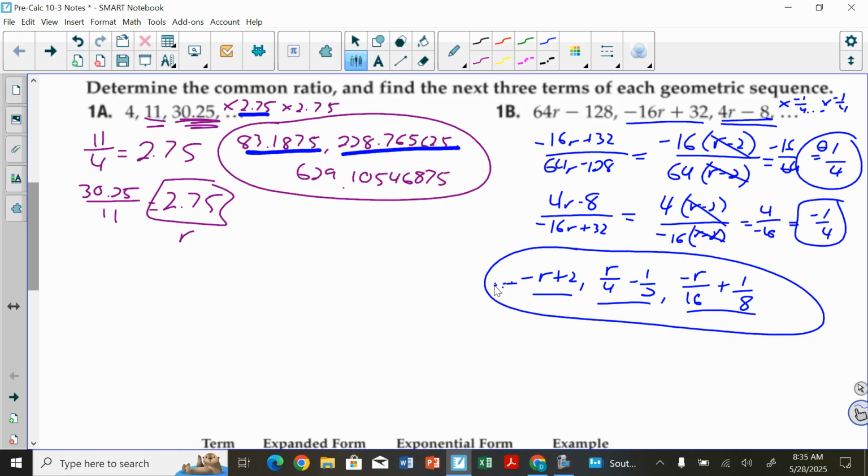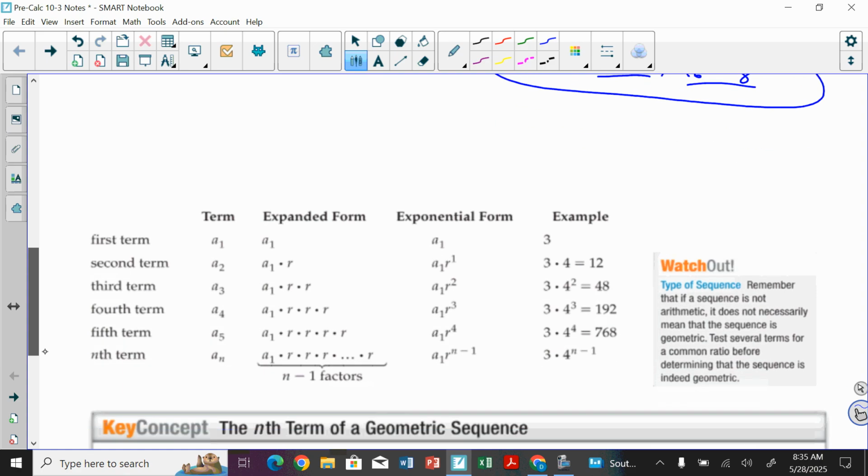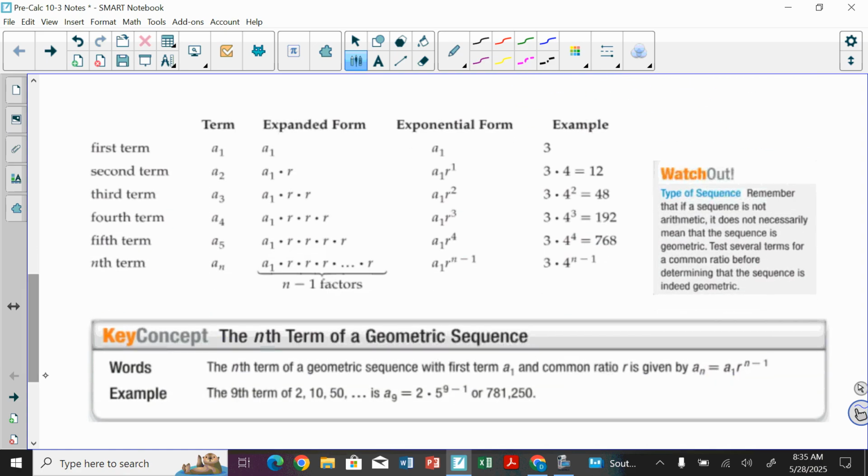All right, so here we go. Here's the expanded form of this. And we just want to point out that when you think about exponential form, this talks about how you have a1. Then the second term would be a1 times r. And then r squared would be the next one, r to the third, r to the fourth. So that's what you're doing, multiplying by the same number over and over and over again.